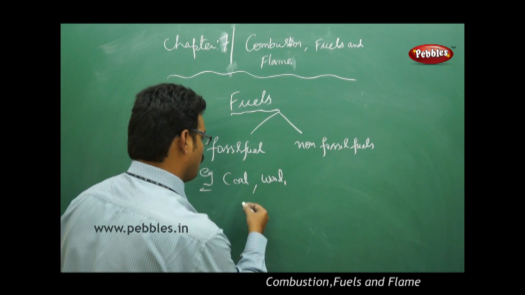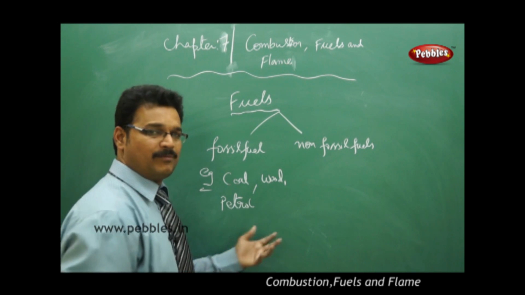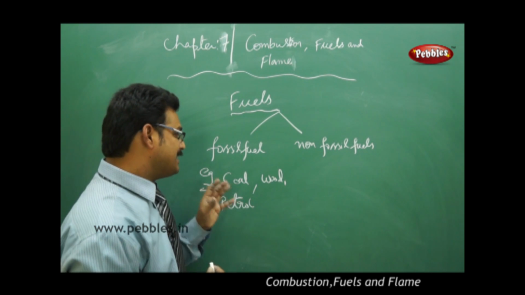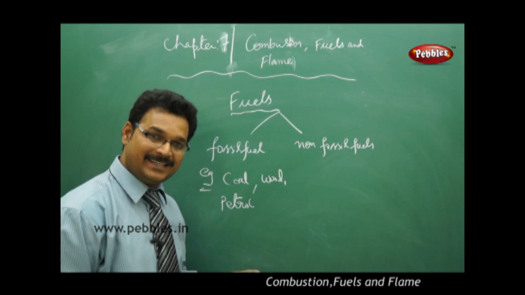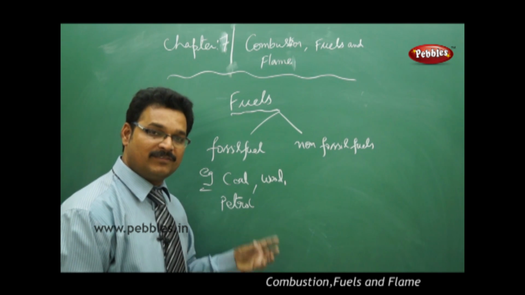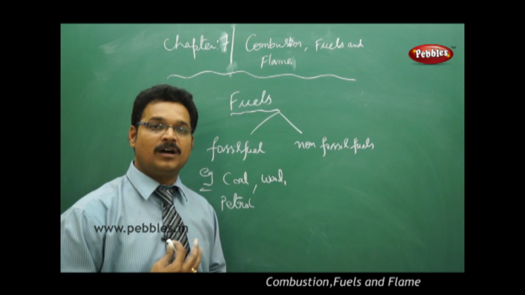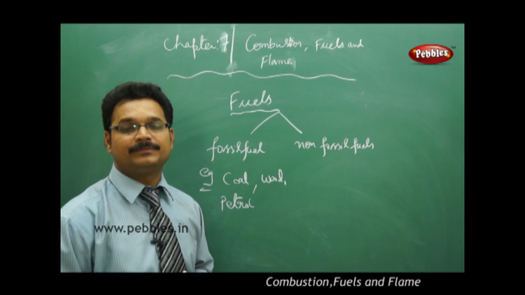Next, coal, wood, and petroleum products, petrol, diesel, everything. So these are fossil fuels which have to be burned to get heat, and from the heat we can do all other purposes like cooking or motion of a vehicle or the movement of machinery parts.